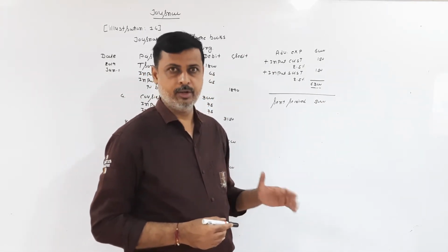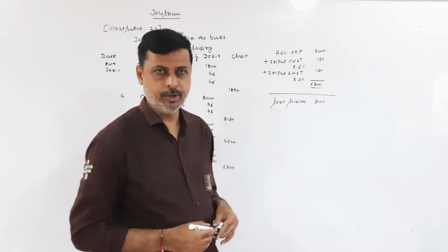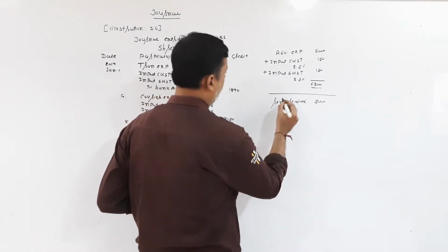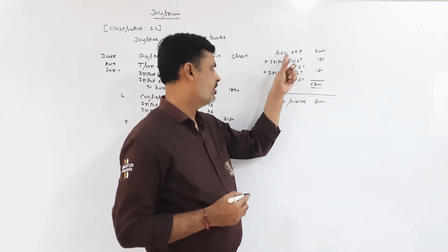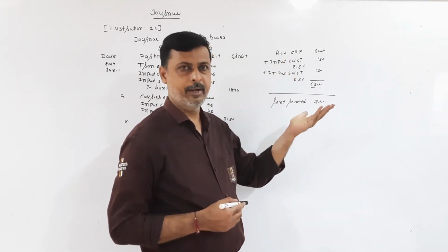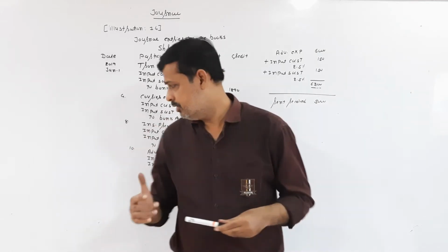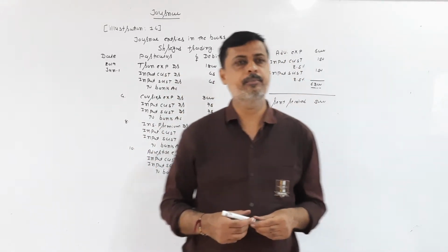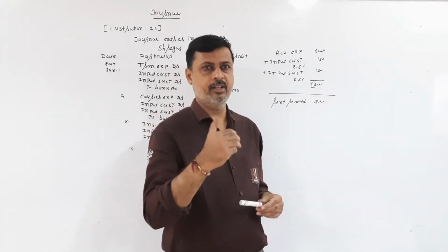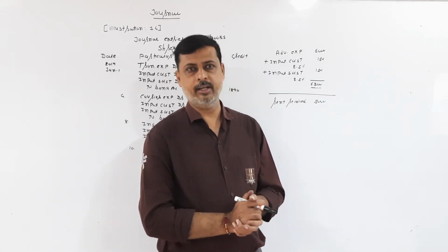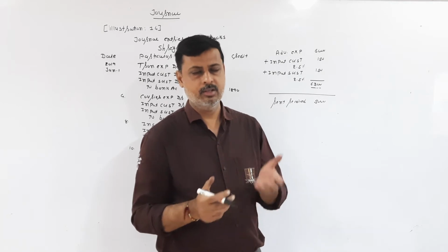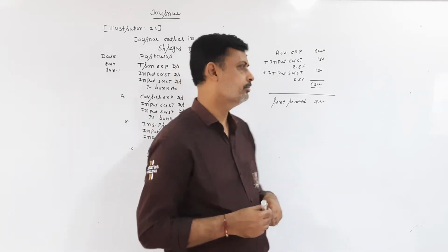Now we have to also calculate GST 2.5%. And here we received rent. So here rent received, that is our income. It means we also collect GST from customers, so that is our income.